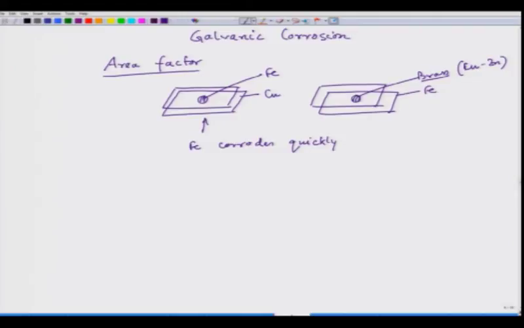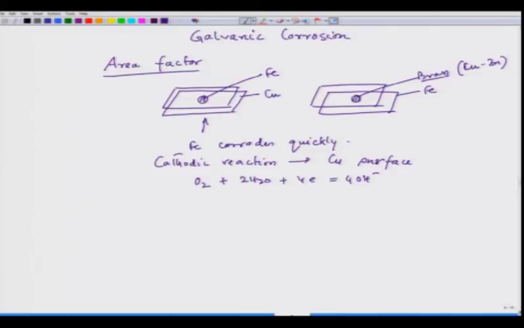And in this case, the cathodic reaction happens on the copper surface. And since it is a kind of neutral solution, if we have dissolved oxygen, then the cathodic reaction which will take place on the copper surface would be O2 plus 2H2O plus 4e equal to 4OH minus.